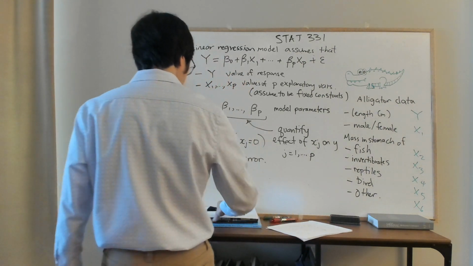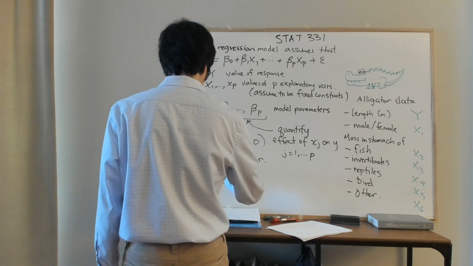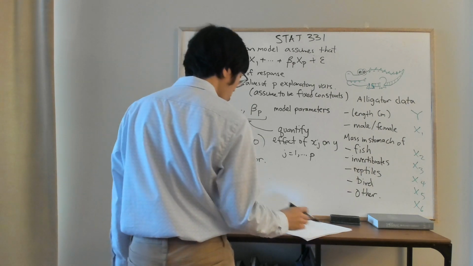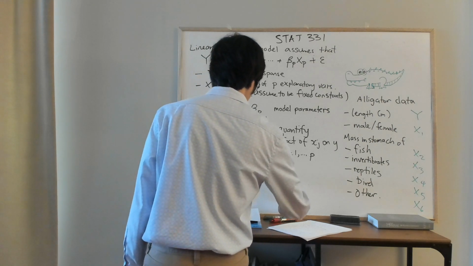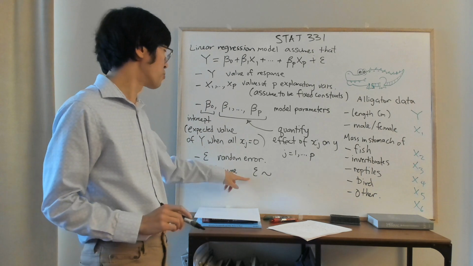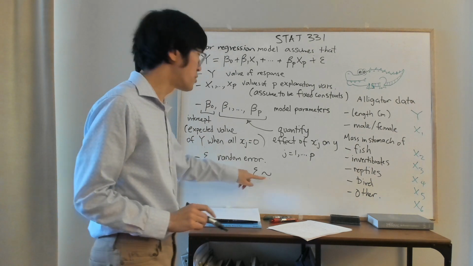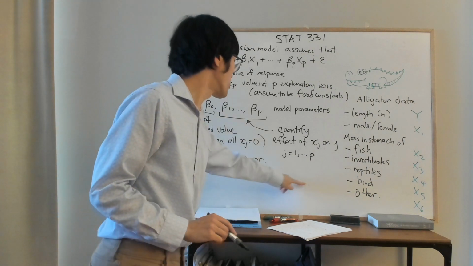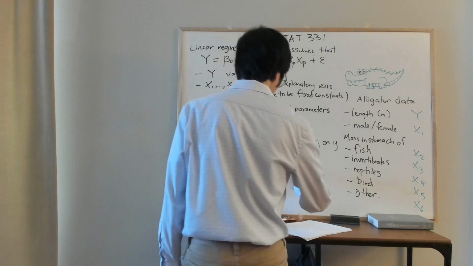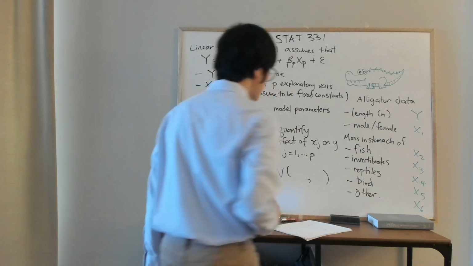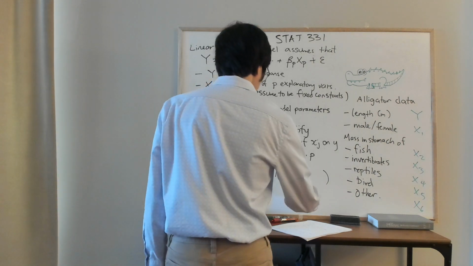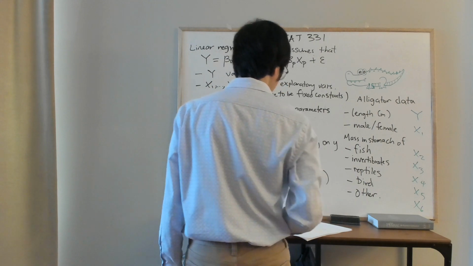So we're going to assume it has a normal distribution. Epsilon, this tilde denotes that you can read it as epsilon is distributed as, and then we put something here. The shorthand for normal, I'll use cap N. A normal distribution has two parameters: the mean and the variance. We assume that the mean is 0.